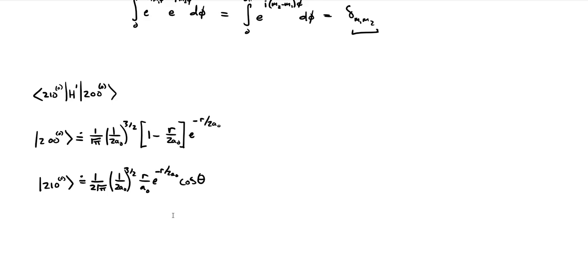So if we take those and do that in the position representation, our matrix element ends up looking like this. I have a feeling I'm going to need some more room here.